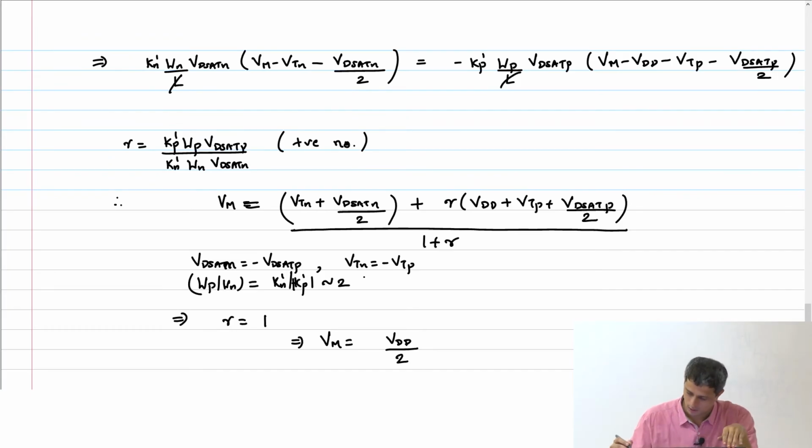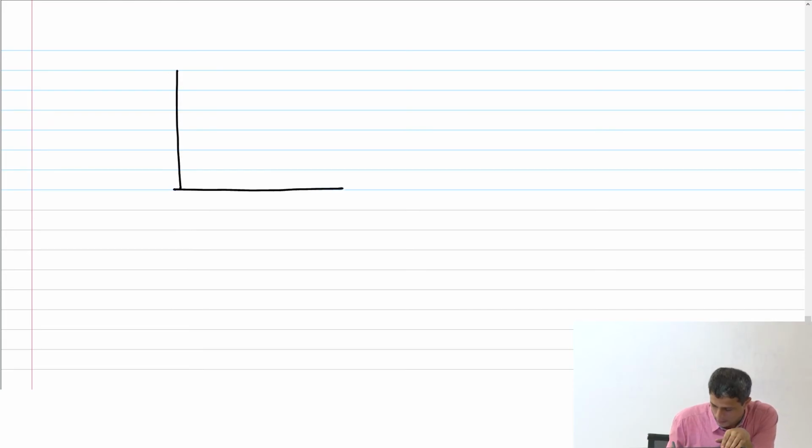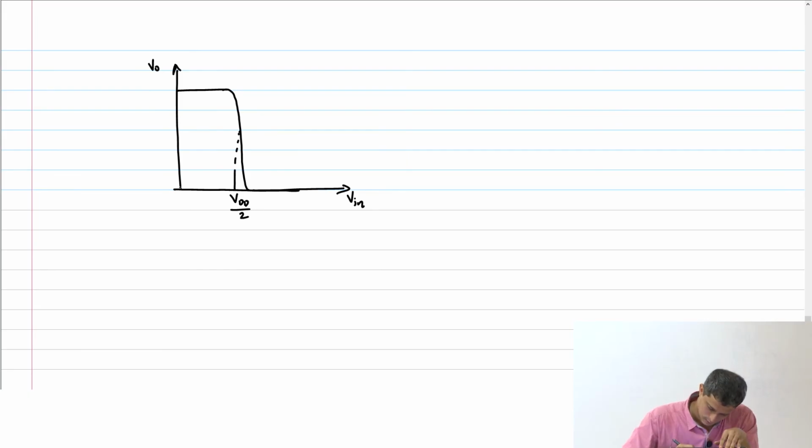So this may not be so obvious to understand. So let's see if we can first get this intuitively, then we'll go back to that. Vout versus Vin. Somewhere here is my VDD by 2. This is Vin, Vout equal to Vin equal to Vm.